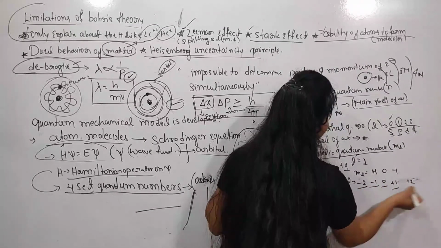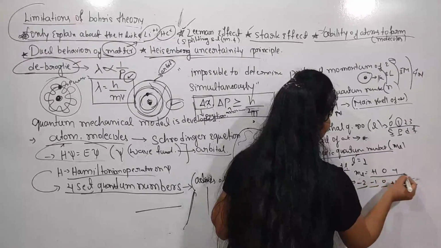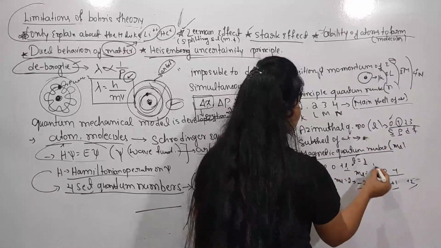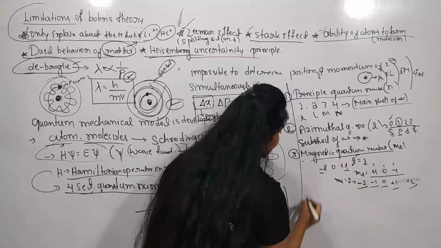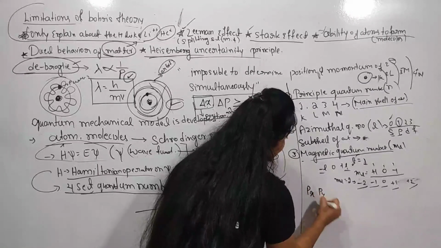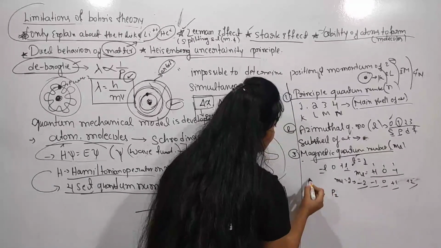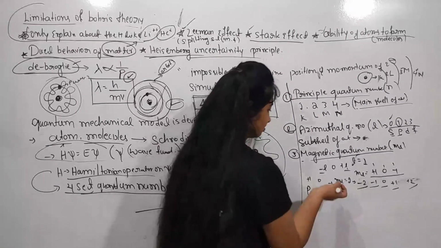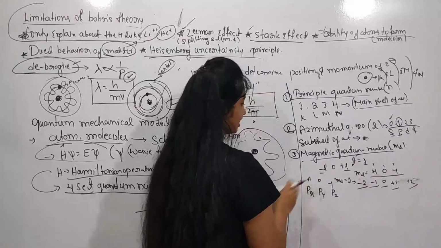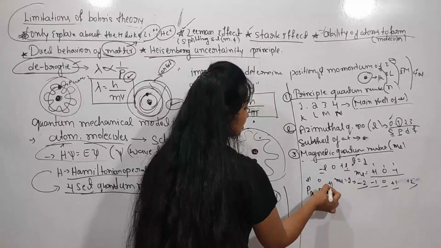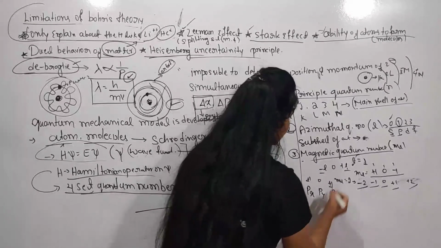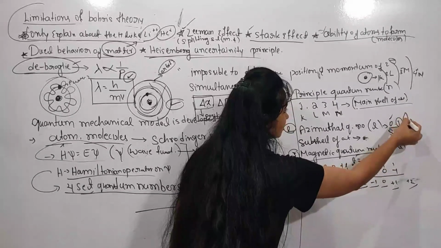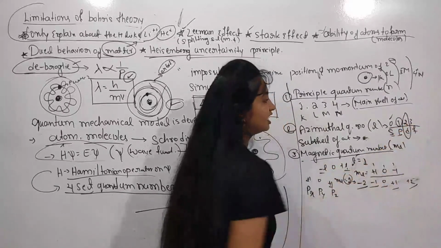So we get 5 orbitals here. Here we get 3 orbitals. l equals 1 means p. Our p has 3 orbitals in 3 coordinates, like px, py, pz. Their values are plus 1, 0, minus 1. Here if l value is 2, it represents the d subshell.